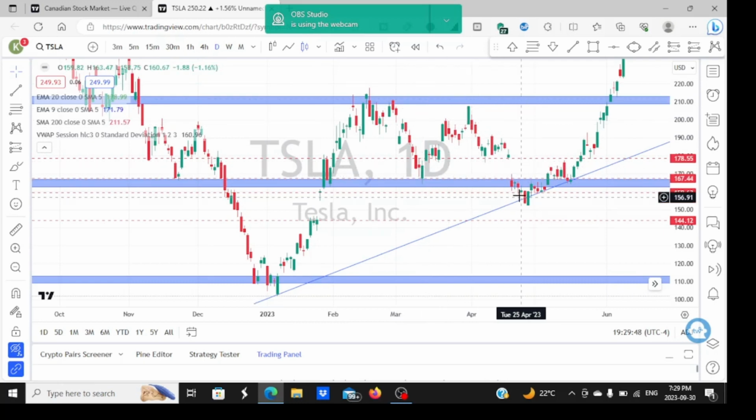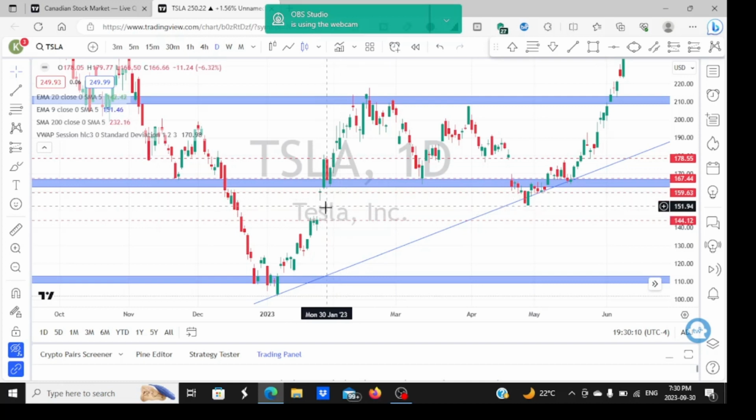Second time it still didn't close the gap completely. It entered the gap to about 50% and then it reacted. Because what happened is that these are buyers sitting here. In this gap, we have a lot of buy orders sitting here.